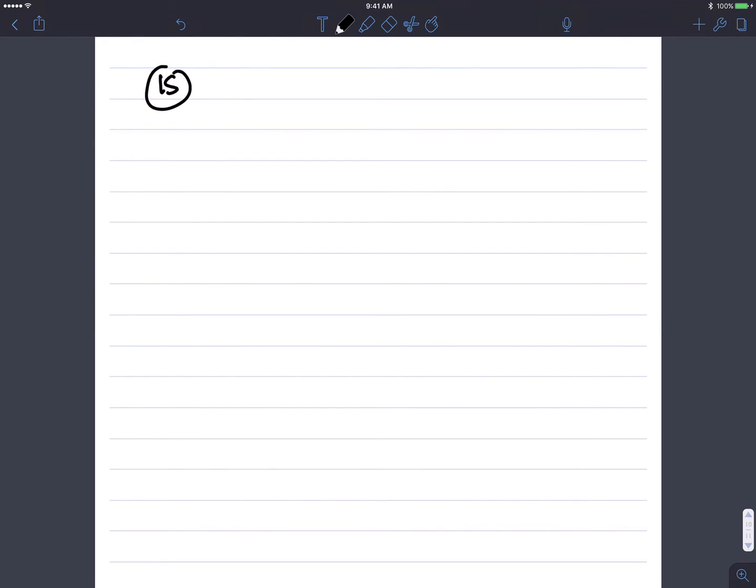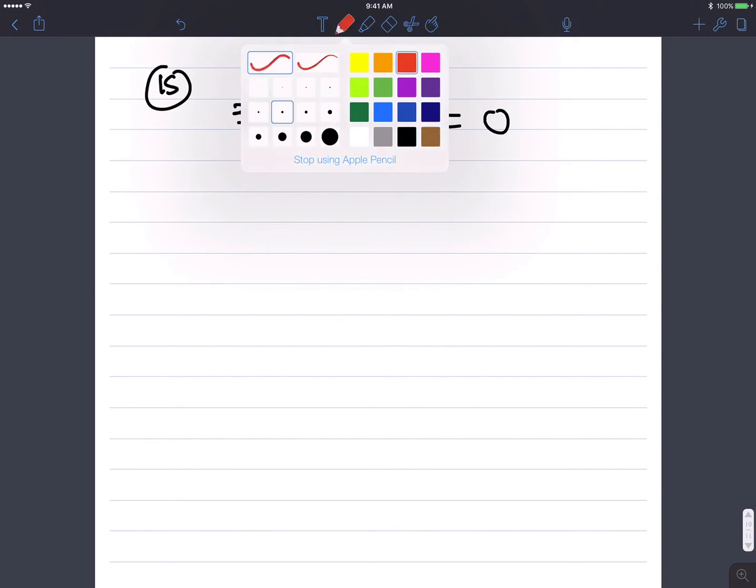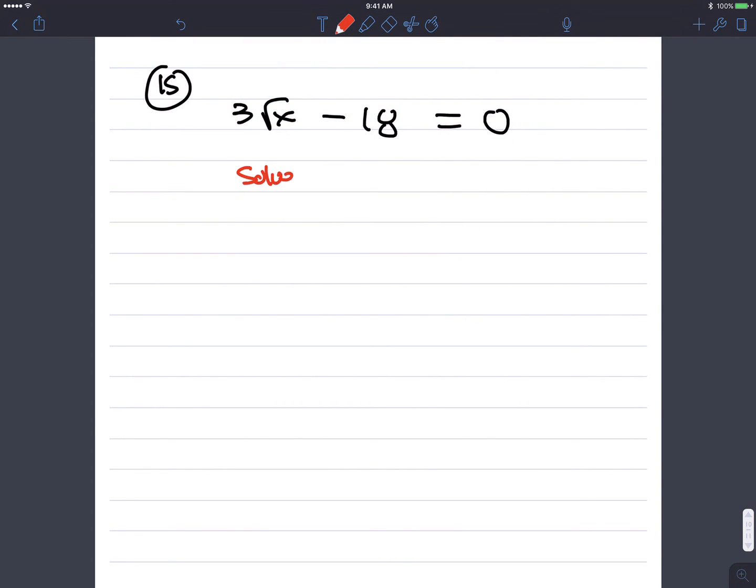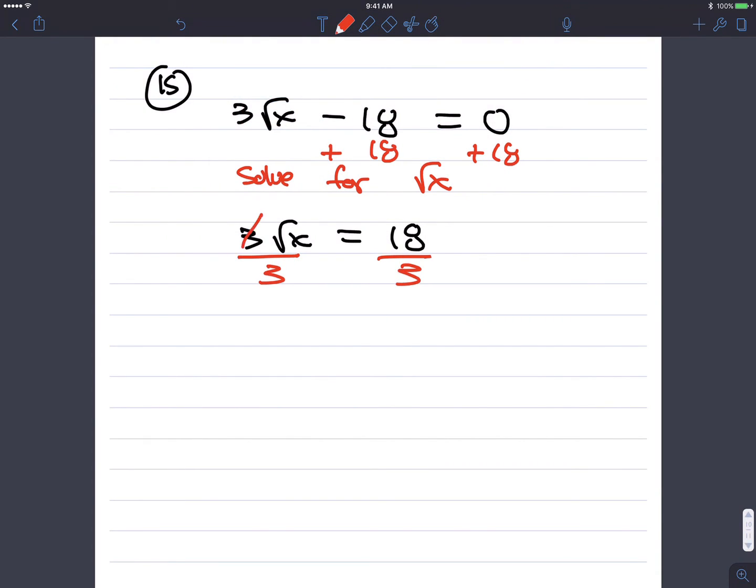Number 15. 3 times the square root of x minus 18 is 0. Once again, solve for your radical. Add 18 to both sides. 3 square root of x is 18. Divide both sides by 3.